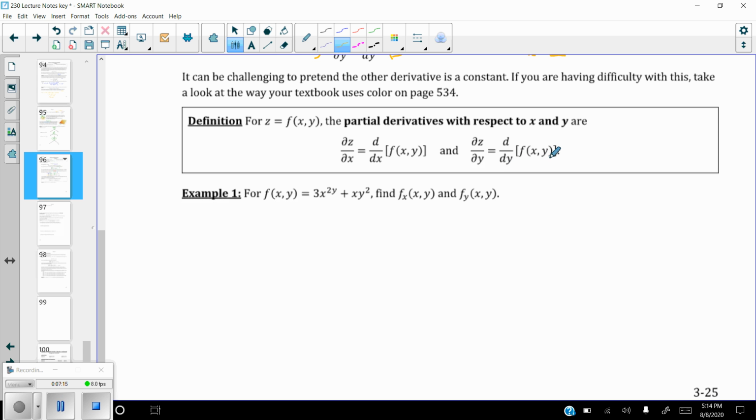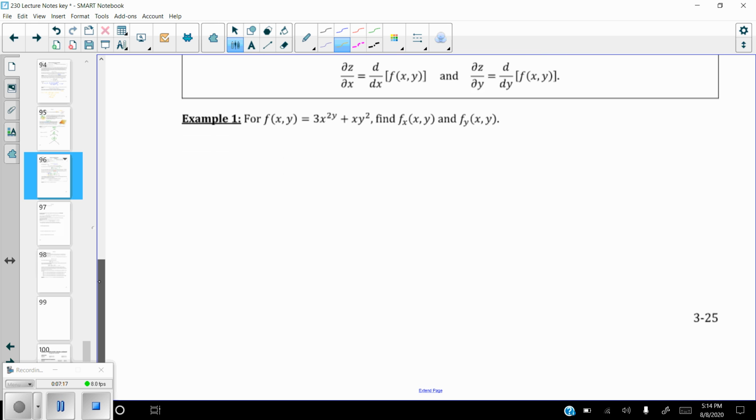So for our example 1 here, we're given f of xy equals 3x to the 2y plus xy squared. We want to find f sub x, which is the partial derivative with respect to x, right there. And we want to find the partial derivative with respect to y.